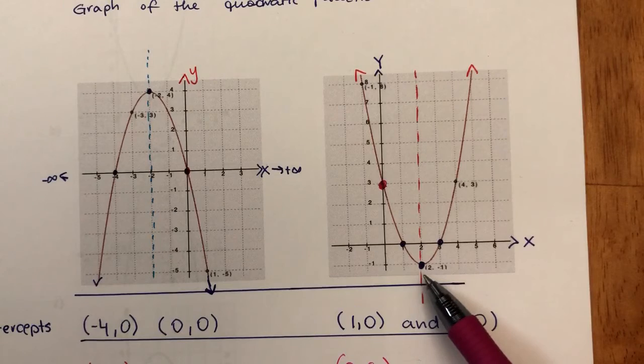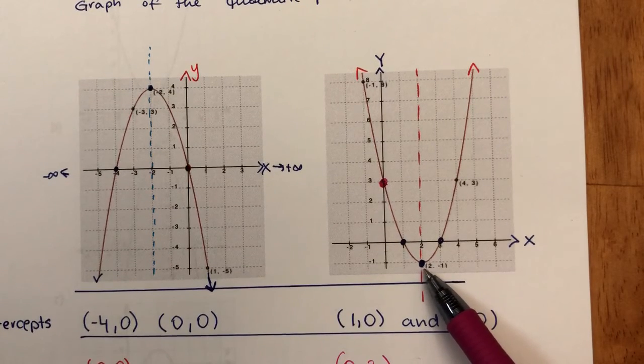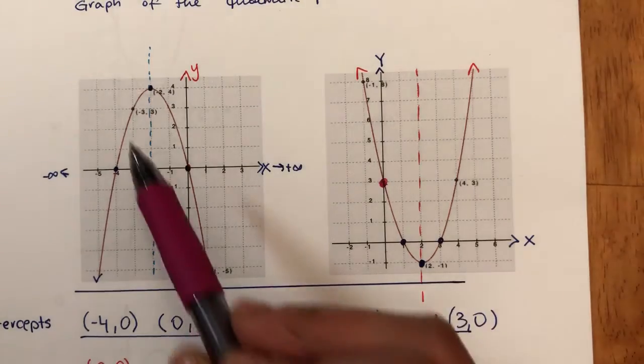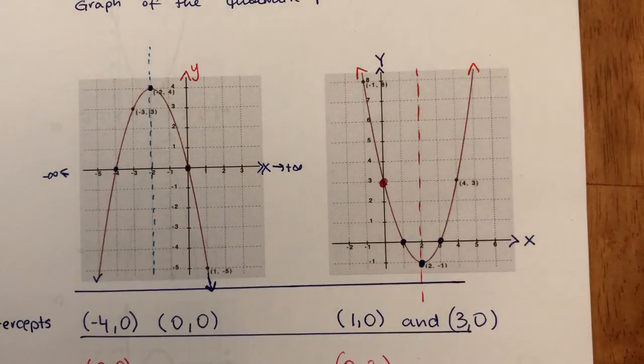Vertex, it's a very important point on the parabola. This is either the minimum value or the maximum value. Axis of symmetry, think of the vertical line that goes through the vertex, and think of that vertical line that you could fold your parabola on, and the two parts of the parabola would overlap.